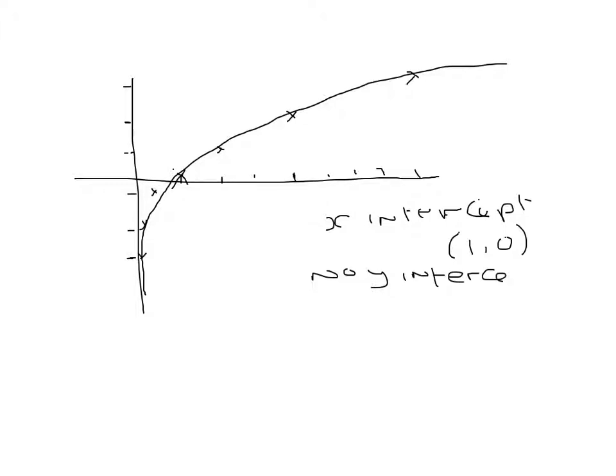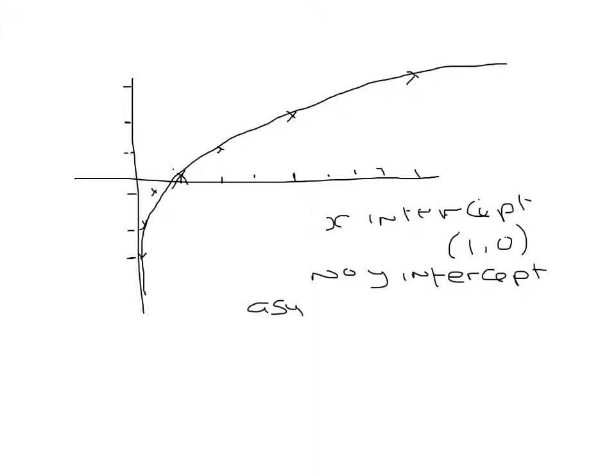So the key points to notice is it always crosses the x-axis at 1, so the x-intercept is (1, 0). There is no y-intercept, and in fact the y-axis is the asymptote.